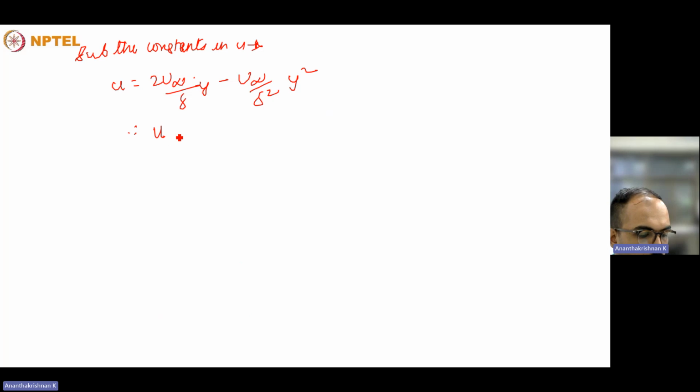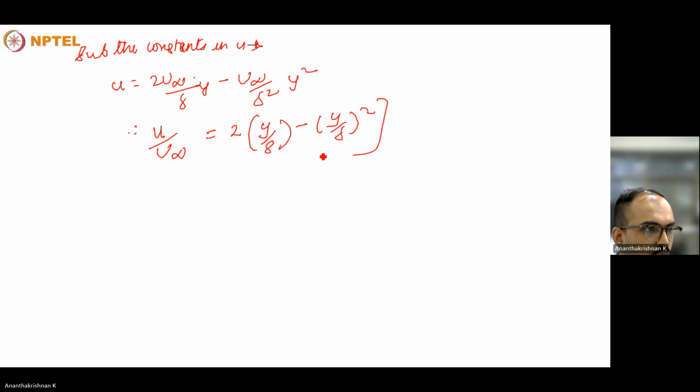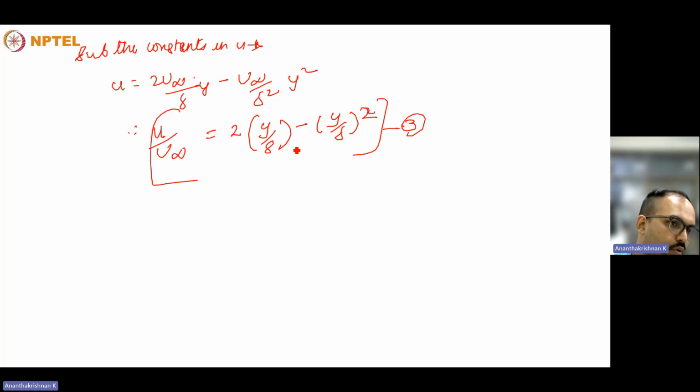Therefore, we can take u infinity to the other side and simplify the terms. It will be u by u infinity is equal to 2 y by delta minus y by delta the whole square. This gives the third equation, the velocity profile in terms of quadratic terms.